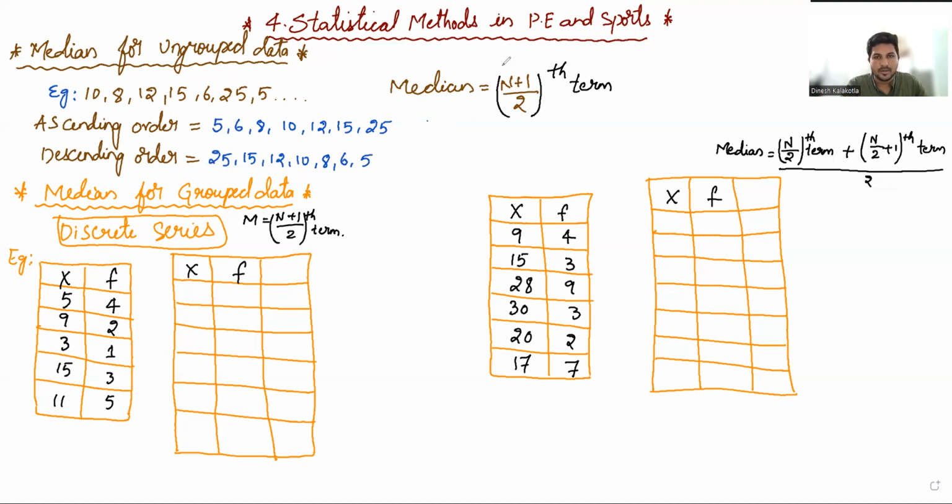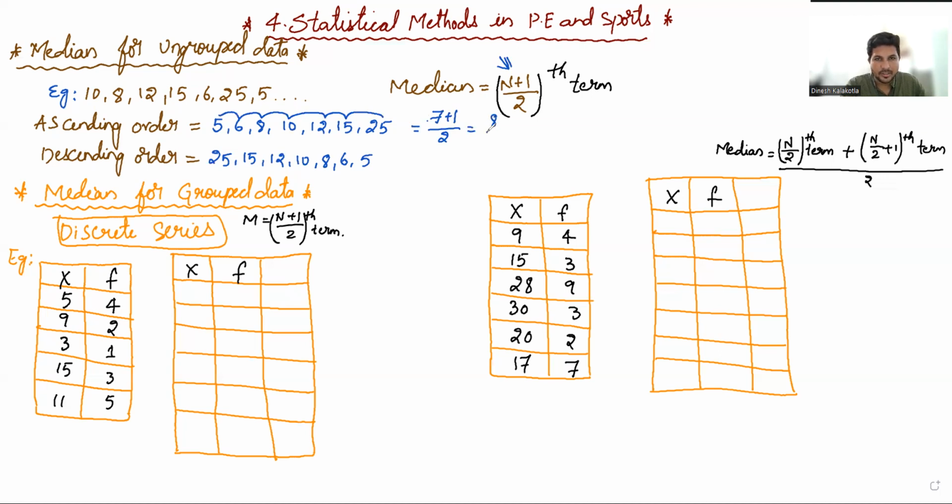So this is the formula that we have to use, the formula to find out the median for ungrouped data. n is nothing but the number of scores. So 1, 2, 3, 4, 5, 6, and 7. So (7 plus 1) by 2.